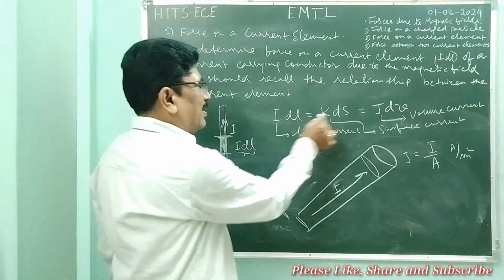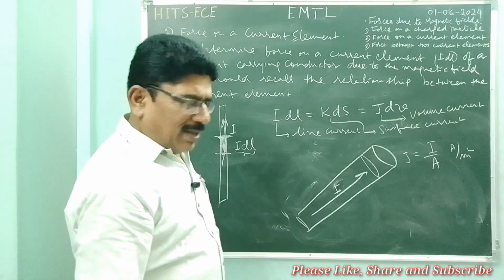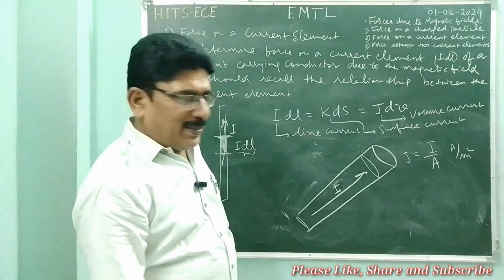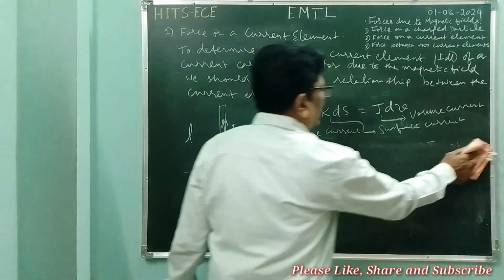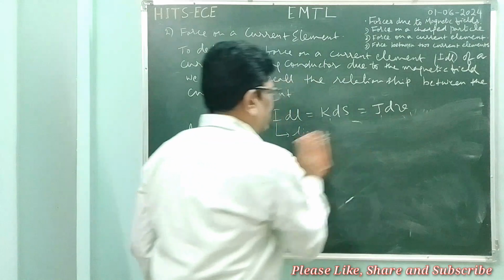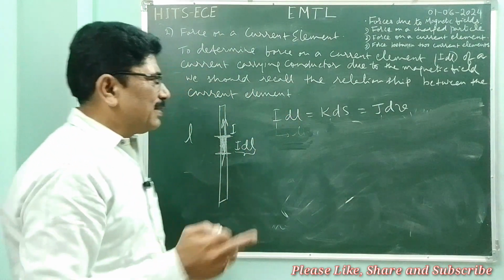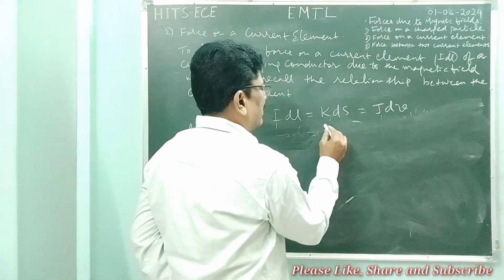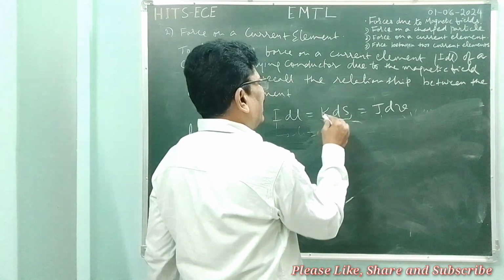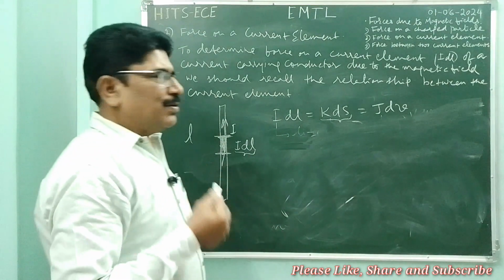So if you equate all these three, I dL is equal to K dS is equal to J dv. All the units are ampere meter only. You can check: I dL is ampere into meter. K dS is ampere per meter into meter square, again ampere meter.